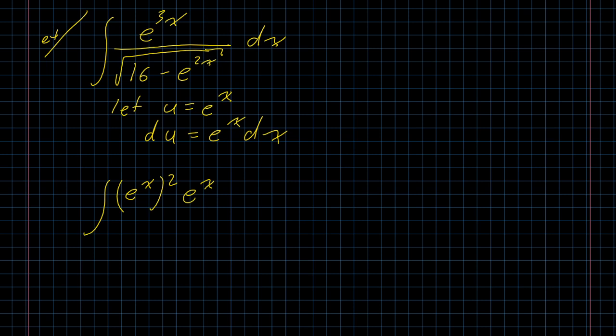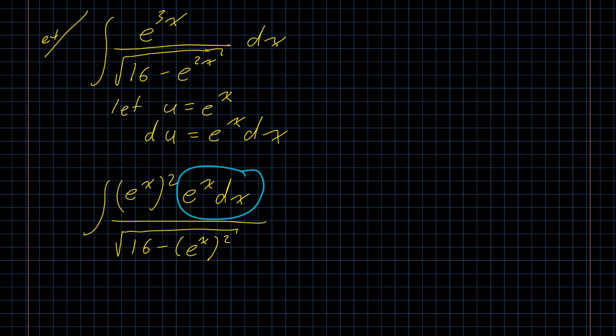e to the 3x is the same thing as e to the x cubed. And if I split that out and think about e to the x squared and an extra e to the x, and then similarly, inside the radical in the denominator, e to the 2x is e to the x squared. Why did I do it like this? Well, because now I have my du right there, and I've got a couple of things that I can replace with dx.